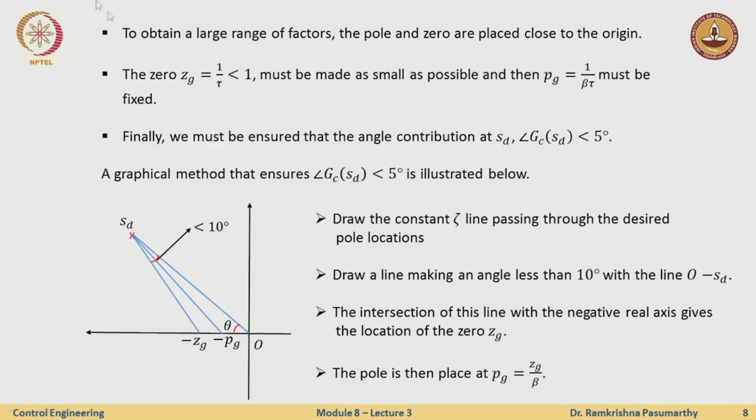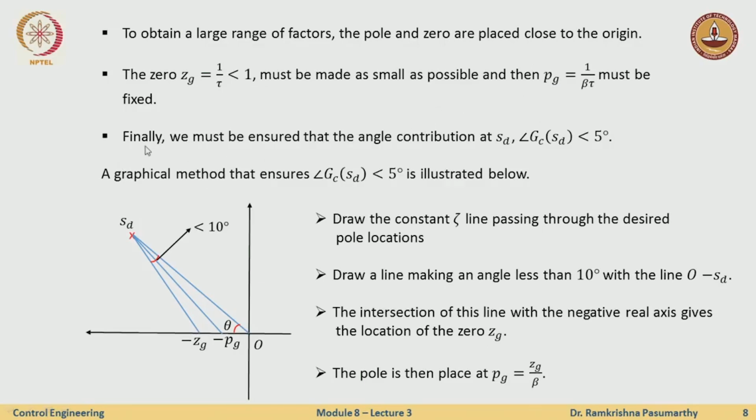So the 0 must be made as small as possible and Pg must then be fixed. So I first select the 0. Once I select the 0, since I know beta, I can fix what is my PG, right.